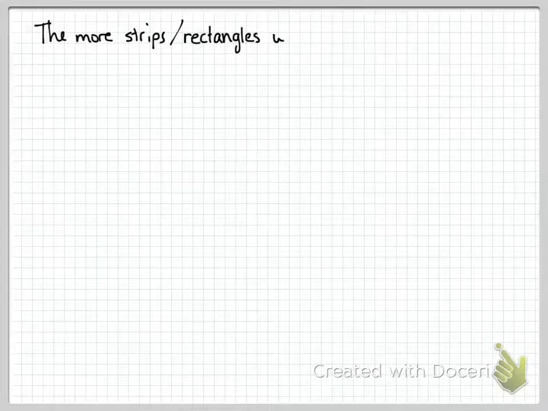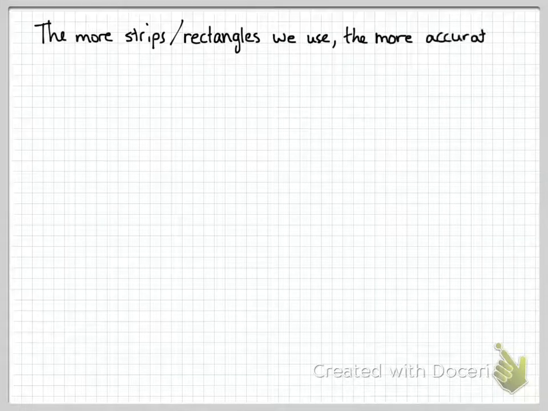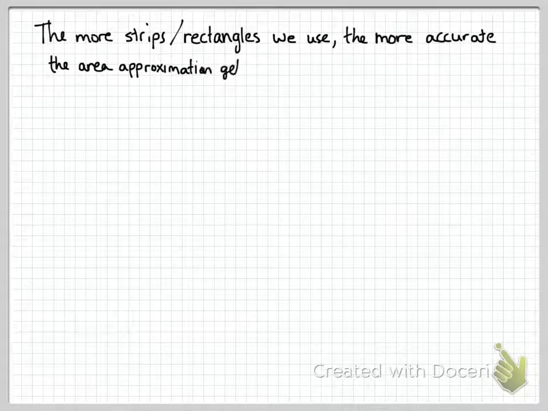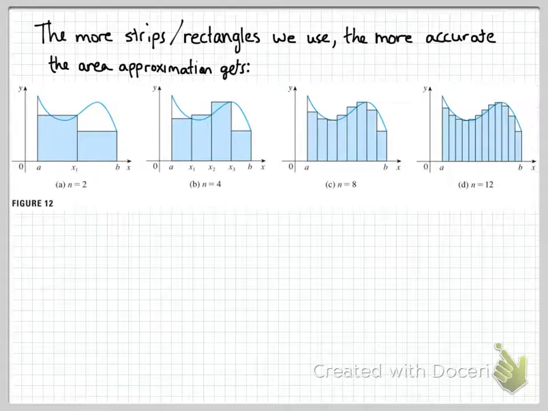And the idea is the more strips I divide it into, the more rectangles I use, that makes the area approximation more accurate. So if I just use two rectangles, like in the left-hand picture here, the area of those two rectangles is not all that close to the area under the curve. If I use 4 rectangles, it gets a little bit better. 8 rectangles, I get even better. 12 rectangles, it's very close, right?